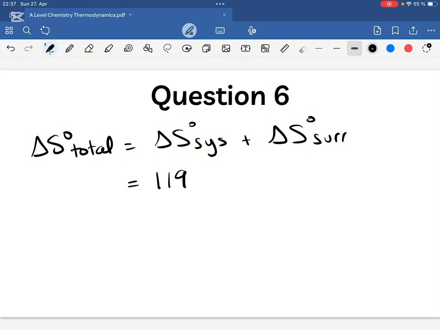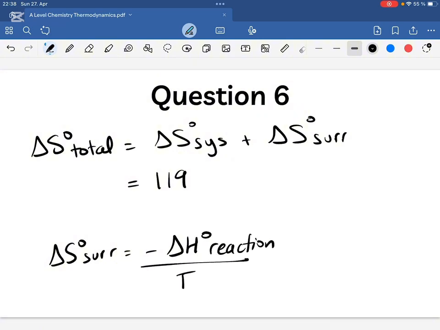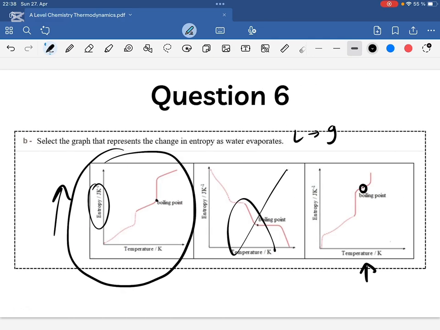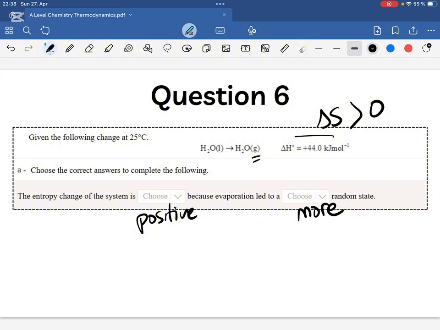119. Now there's a formula to find the delta S for the surrounding, and this formula is delta S surrounding is equal to minus delta H of the reaction, divided of course by the temperature in Kelvin. Now the value for the delta H of the reaction, I think it was given over here.